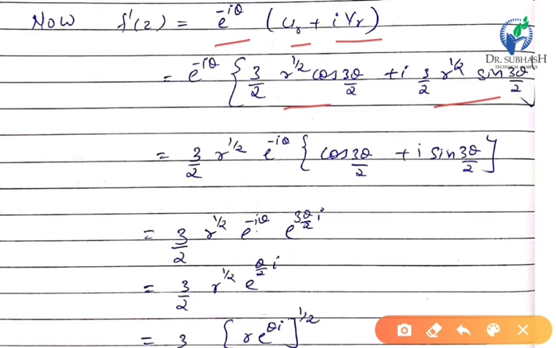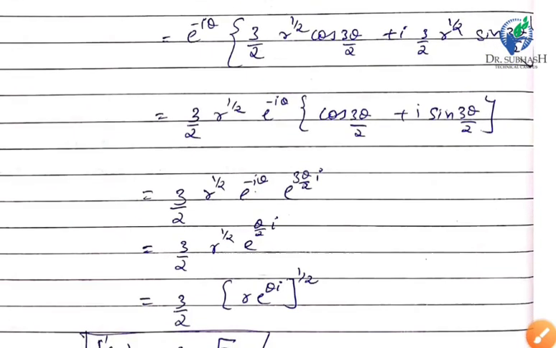Now from this we can see that 3 by 2 and r raised to 1 by 2 can be taken out here. Okay, so the rest of the term will be cos 3 theta by 2 plus i sin 3 theta by 2. Now again, using Euler's formula, we can write this term as e raised to 3 by 2 theta i.